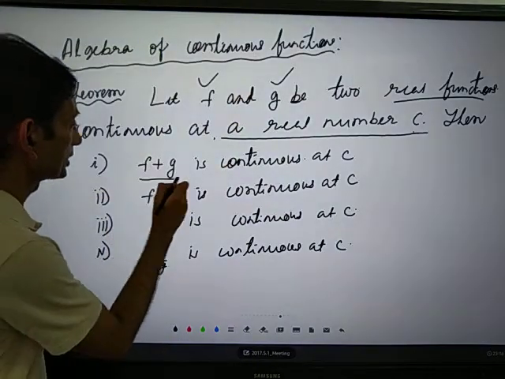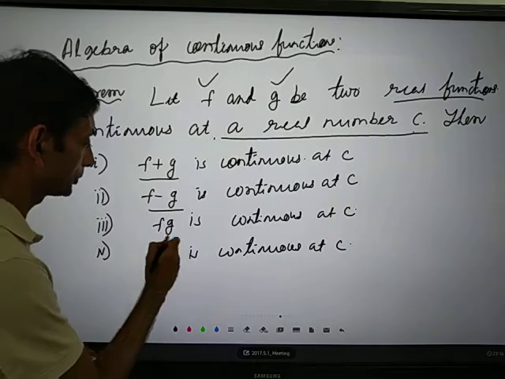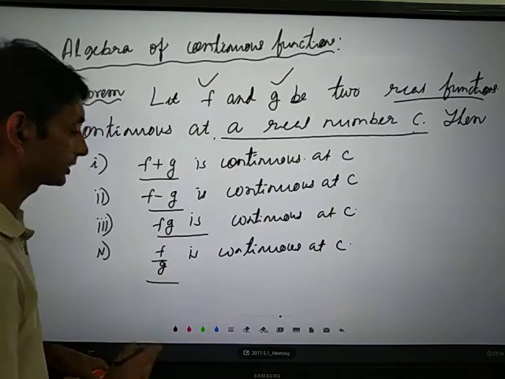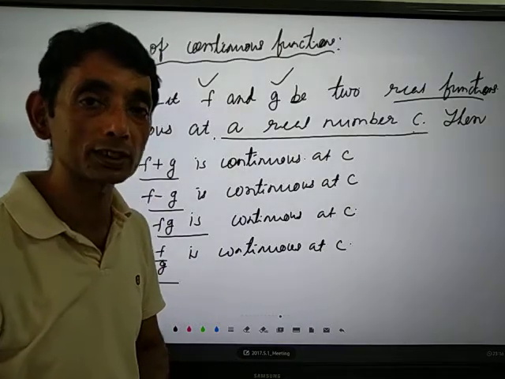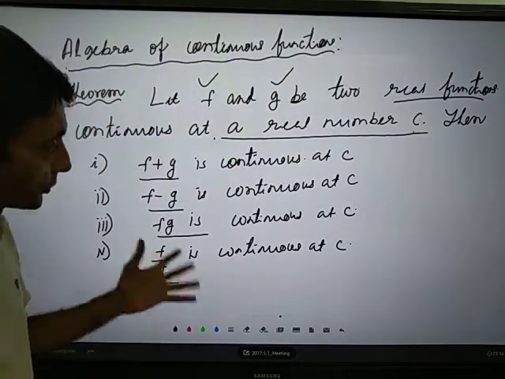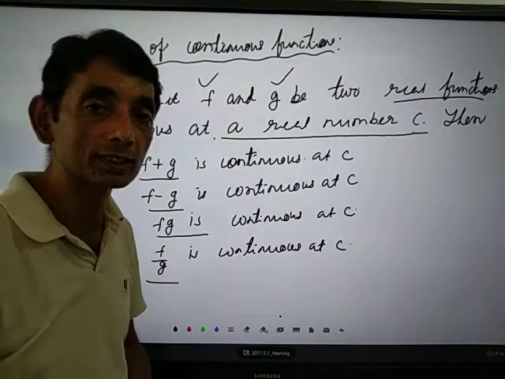Then f plus g is continuous at c, f minus g is continuous at c, fg is continuous at c, and f by g is also continuous at c.